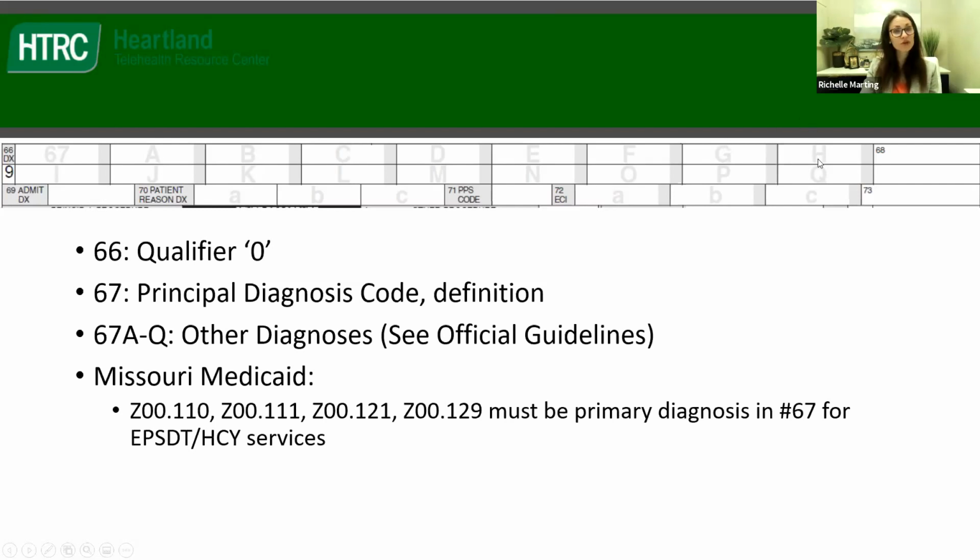And then A through Q are other diagnoses that are relevant, that the patient was diagnosed with, and that were treated during that visit. So we defer to official guidelines for coding and reporting for what diagnosis codes go there and in what order.